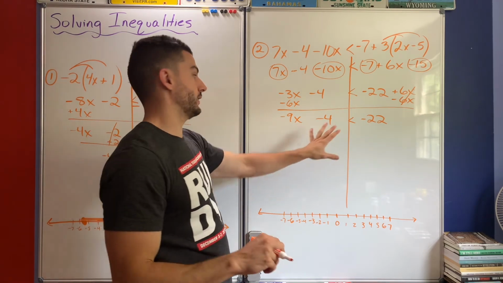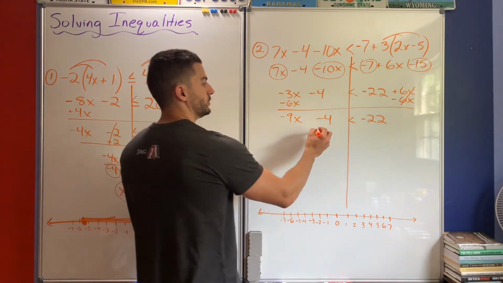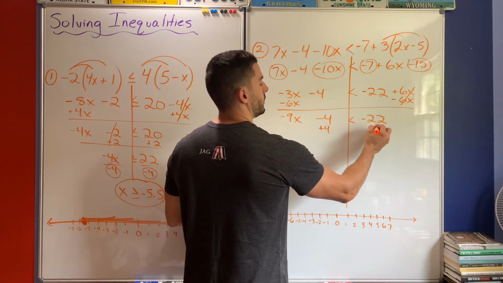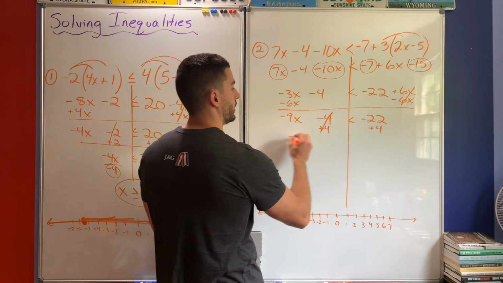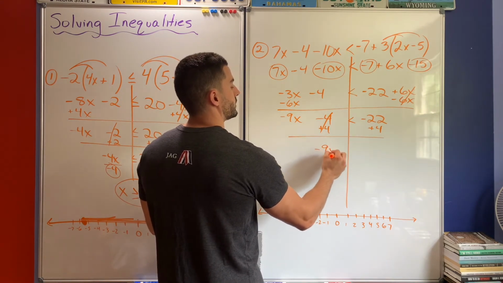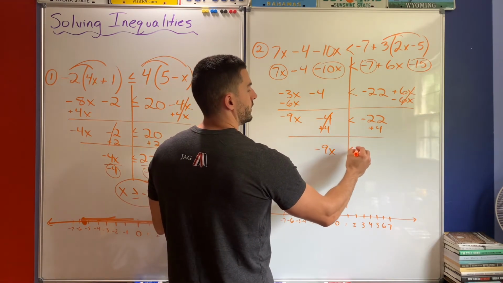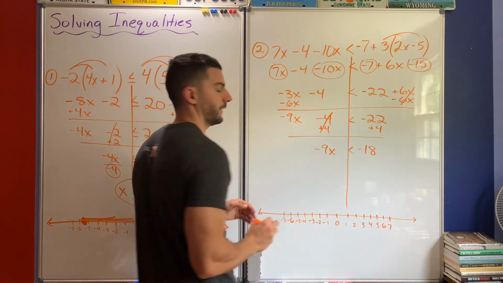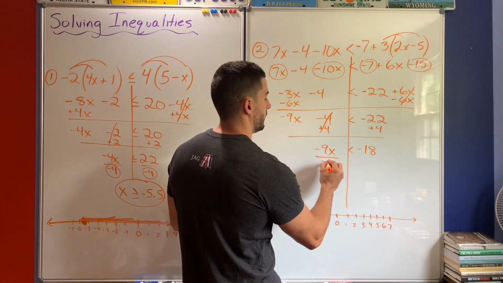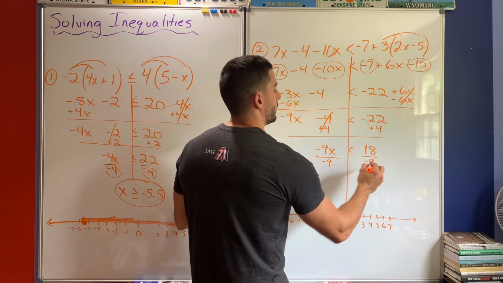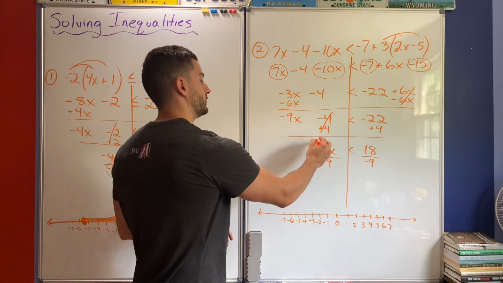And so I try to cancel out these other numbers on this side. So I plus 4 to both sides. That cancels that out, and I'm left with negative 9x is less than negative 18. Okay, and my last step here is to divide by this negative 9. Divide both sides by negative 9.